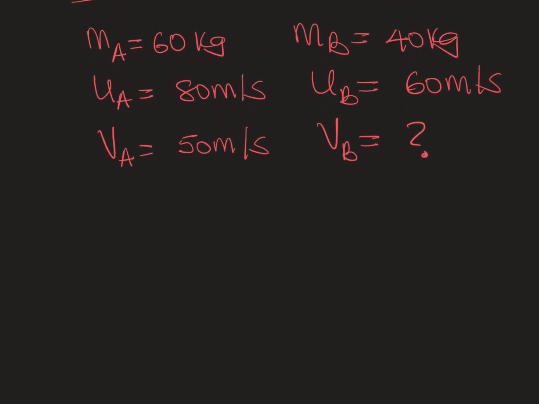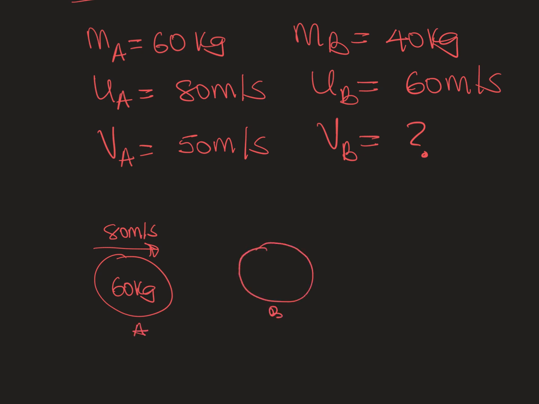If I have body A, let's say, moving in this direction towards the right, of mass 60 kilograms and an initial velocity of 80 meters per second, for there to be a head-on collision with body B, then body B has to move in the opposite direction.